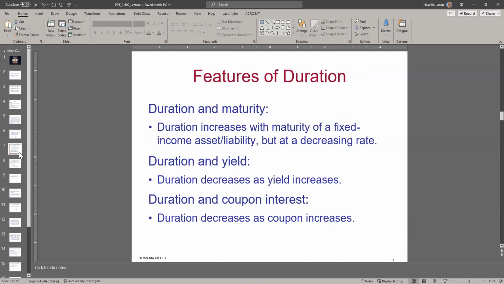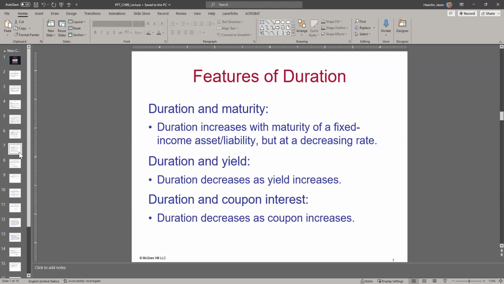Now, features of duration. So we continue explaining this. Duration and maturity. Duration increases with maturity of a fixed income asset, but at a decreasing rate. So it starts steep, the curve going up, but then it starts flattening out. Duration and yield.